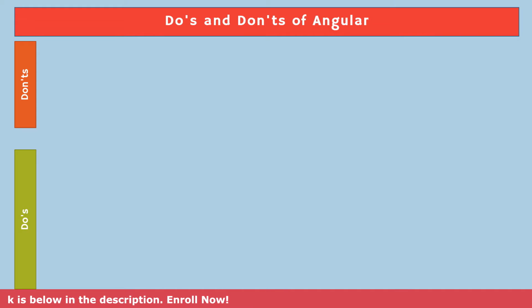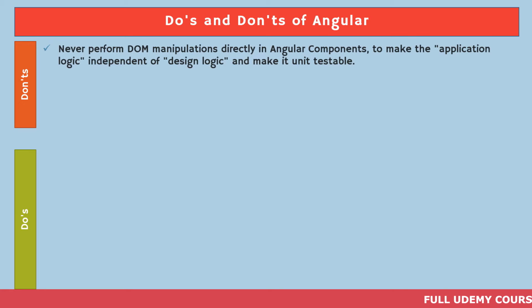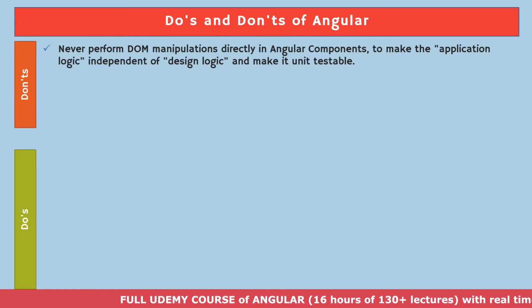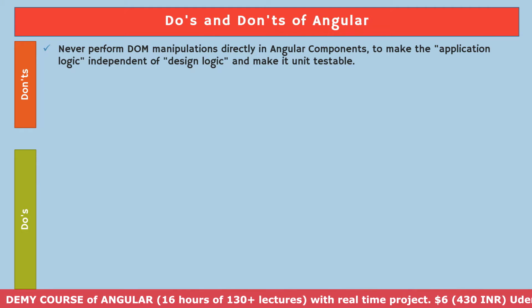Let's understand the do's and don'ts of Angular. These are the important guidelines that should be followed by Angular developers while developing real-time applications. Don'ts of Angular. First one is, never write the code for DOM manipulations in Angular, because Angular is designed to do the same automatically based on the changes to the application data.